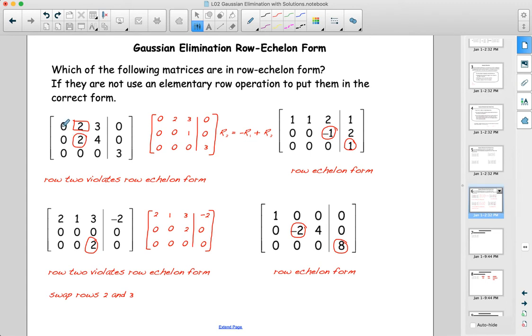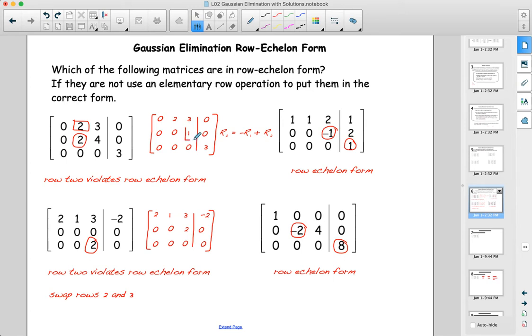So -1 times 0 is 0 plus 0 is 0. -1 times 2 is -2 plus 2 is 0. -1 times 3 is -3 plus 4 is 1. -1 times 0 is 0 plus 0 is 0. So this is what I did to replace row 2.